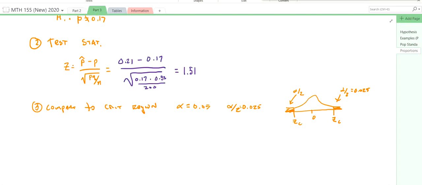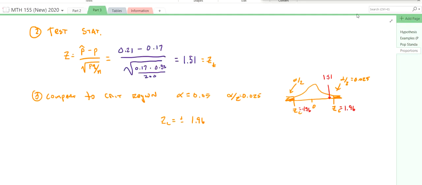So that means our Z crit is going to be plus or minus 1.96. Now we go ahead and compare our test value. So our test value is 1.51. So if this is 1.96, this equals minus 1.96, and 1.51 falls in here.